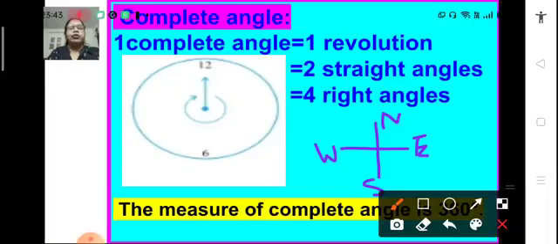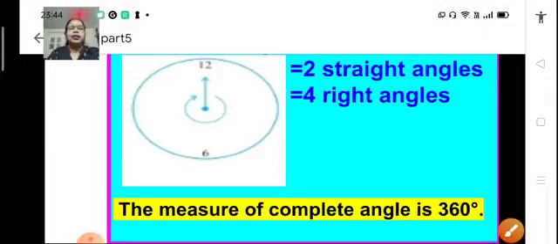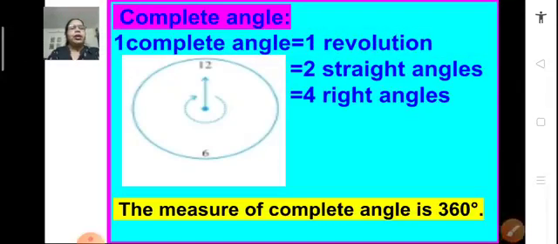That means in total 4 right angles we are moving through to reach from north to north again. So, here we have taken one complete revolution, or one complete angle is formed. So, we have moved through 4 right angles or 2 straight angles. So, what will be the measure of the complete angle or one revolution? It will be 360 degree.